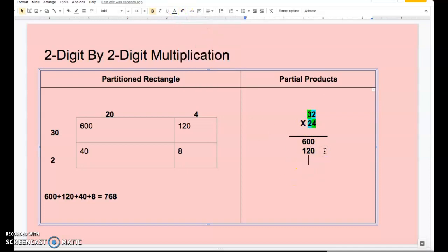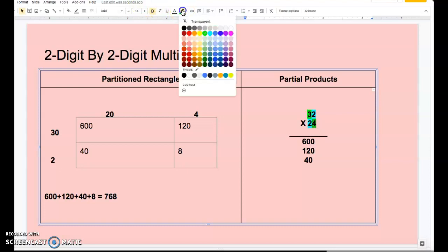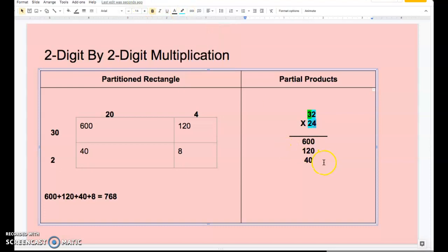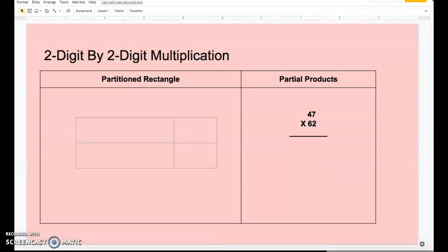Well, if I'm looking back at my work, I know that 2 times 20 gave me 40. And now I need to do 2 times 4. 2 times 4 I know would give me 8. So I'm going to add this all up together to get my final answer of 768.